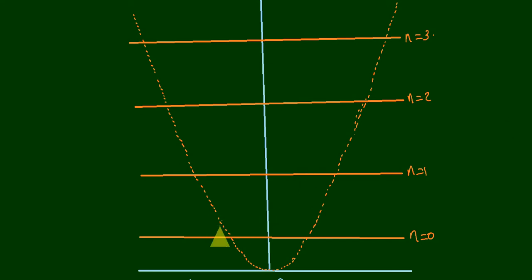Okay, so when I am plotting the psi function for the first state, that is psi 0, the plot of the psi 0 will be like this. So this will be the plot of the psi 0.